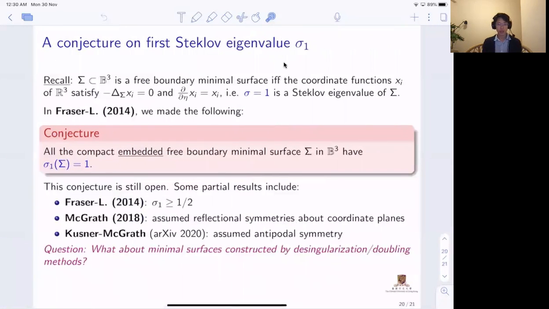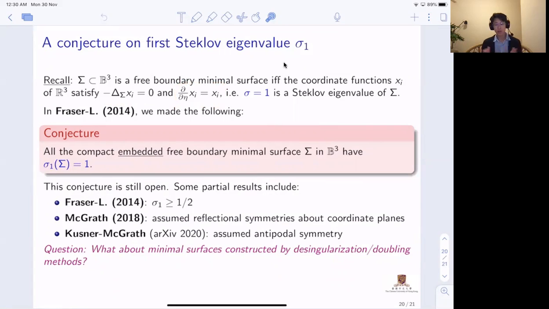Finally, I would like to mention a conjecture similar to Yau's conjecture for closed minimal surfaces in the sphere. The relevant case now is the Steklov eigenvalue sigma 1. We recall that if I have a free boundary minimal surface in the ball, then the coordinate function x_i is harmonic with respect to the intrinsic Laplacian, and its normal derivative is equal to x_i itself.